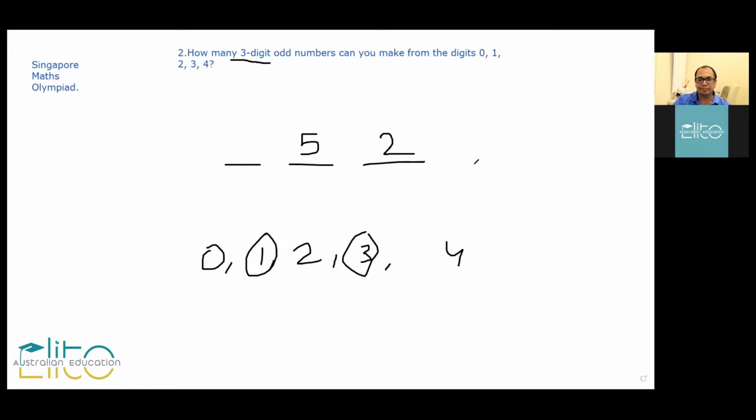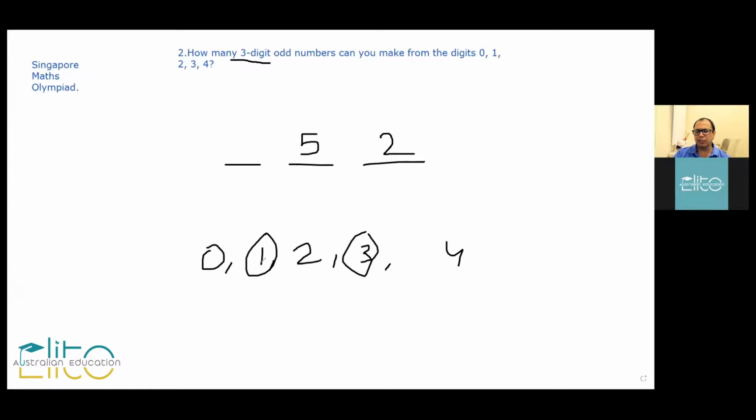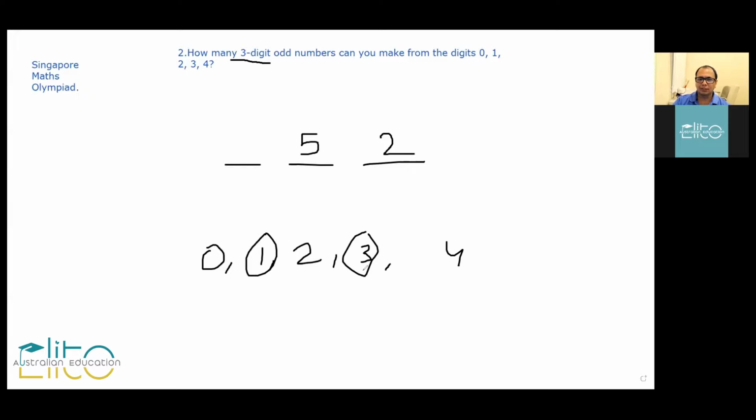Is the answer 24? Okay, so let's see. How many numbers can you put in the first space? 2. Are you sure about that? The first space, in a 3-digit number, in the 100s space, which numbers can be put? 1, 2, 3, and 4.